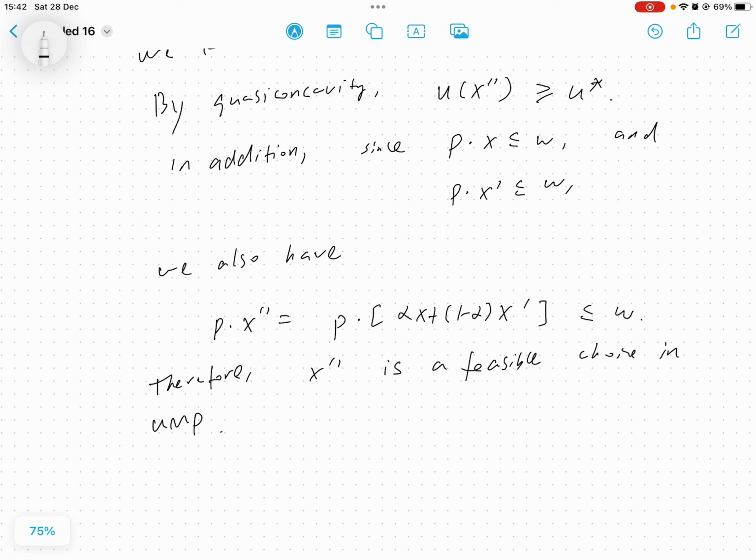So to make it simple, x double prime is feasible because this budget set B(p, w) is a convex set.